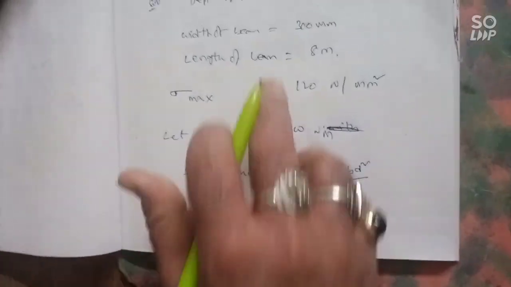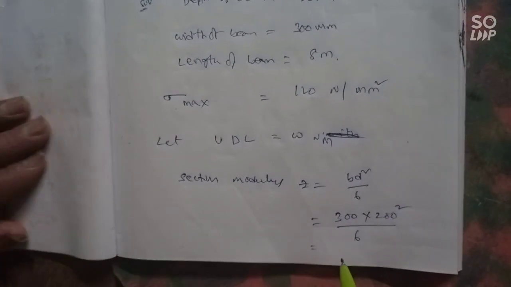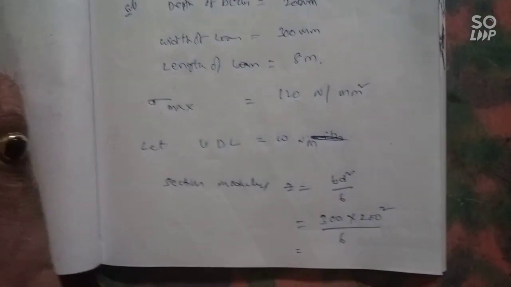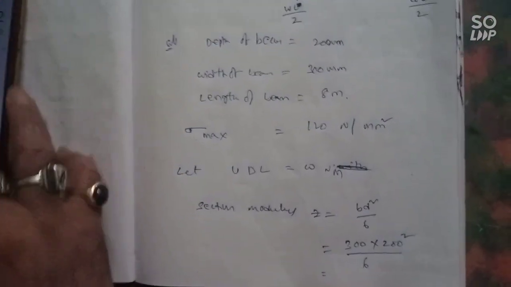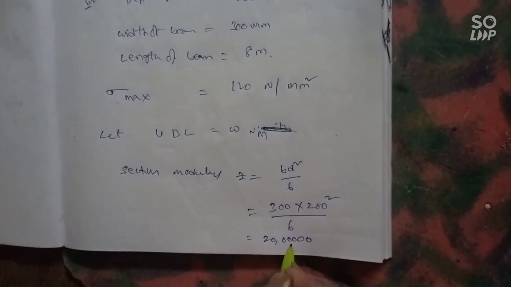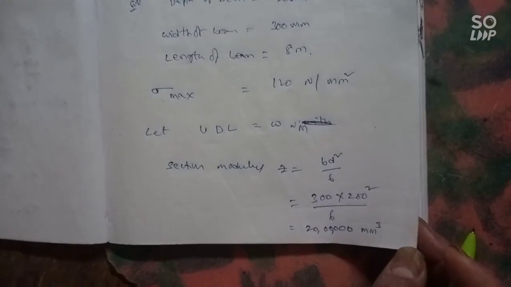Here the B value is 300, the d value is 200, so Z is equal to 300 into 200 square divided by 6, which is 20 lakhs mm cube.